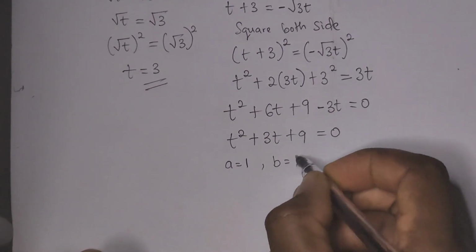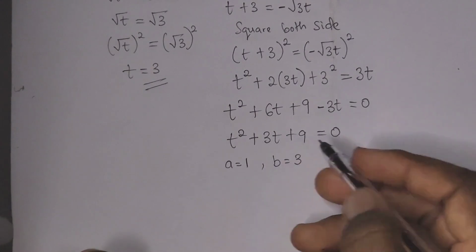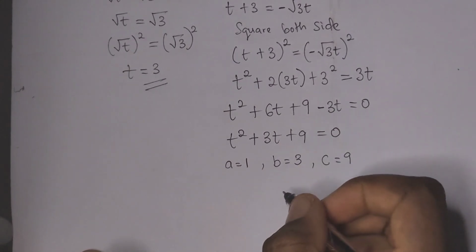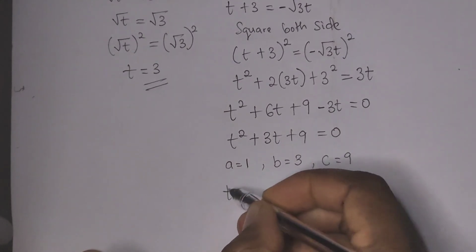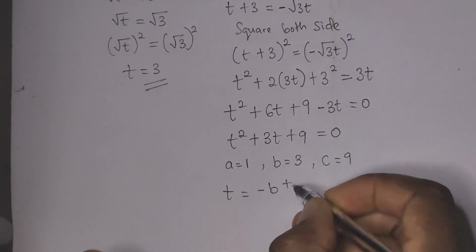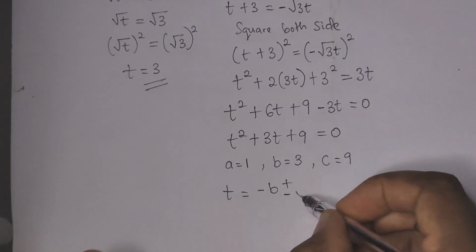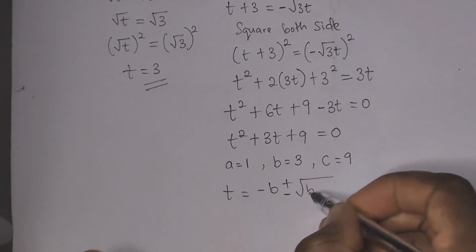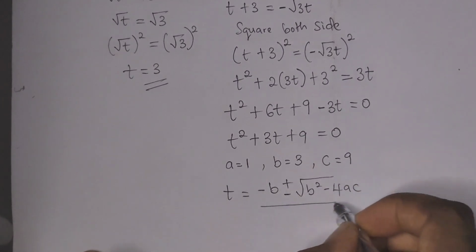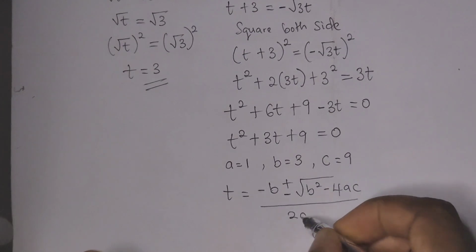Our b is equal to 3, the coefficient of t. And our c is equal to 9. So we'll now be using the formula method, which is t equal to minus b plus or minus square root of b squared minus 4ac, all over 2a.